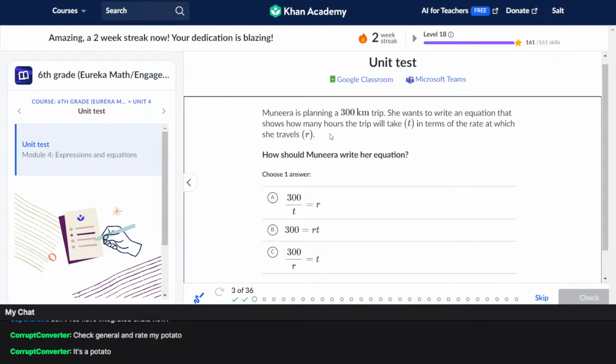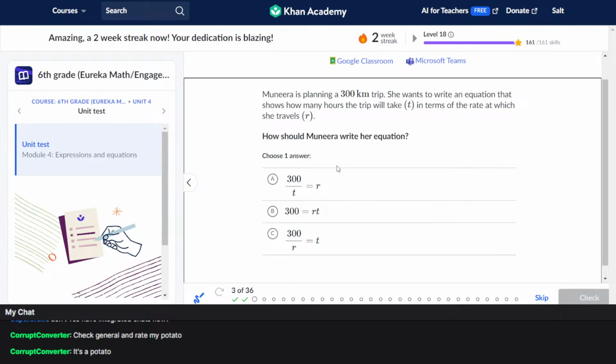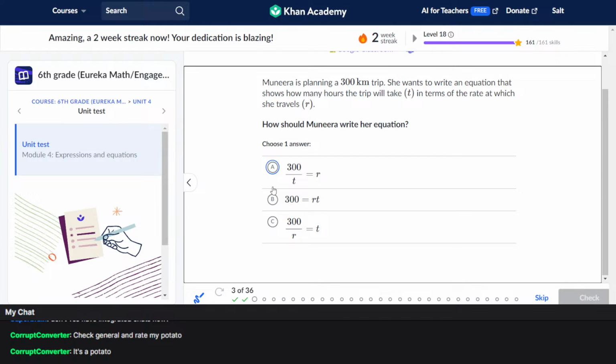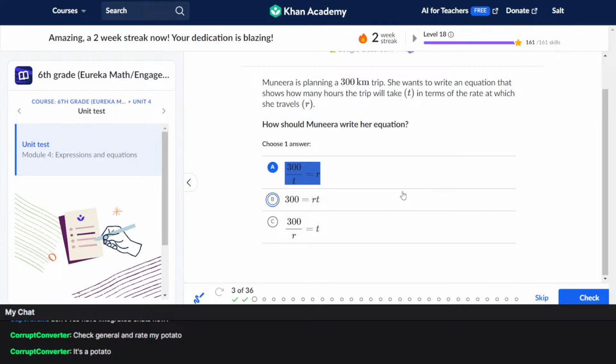3 o'clock trip. She wants to write an equation that shows how many hours the trip will take, in terms of the rate at which she travels. 300. Wait.